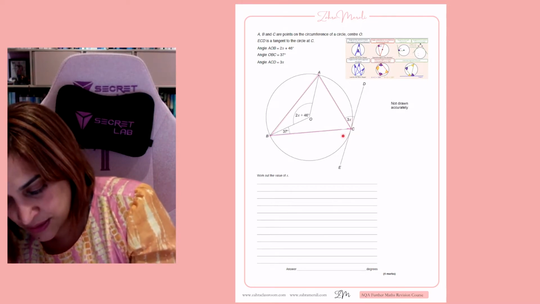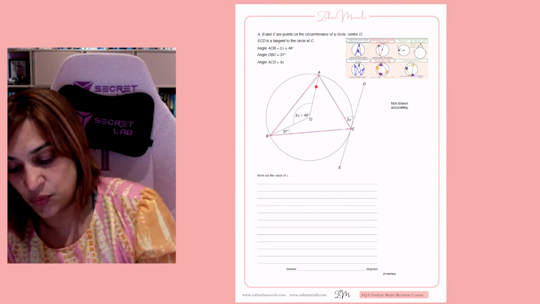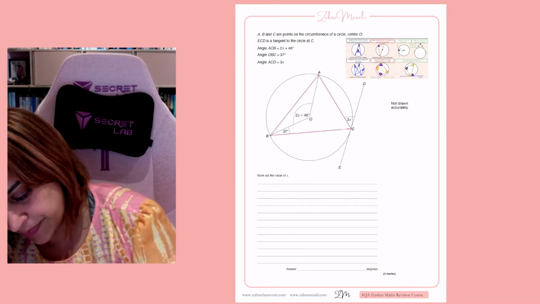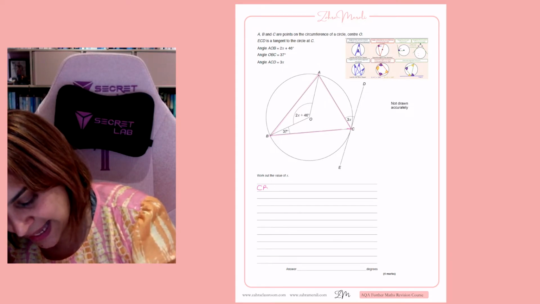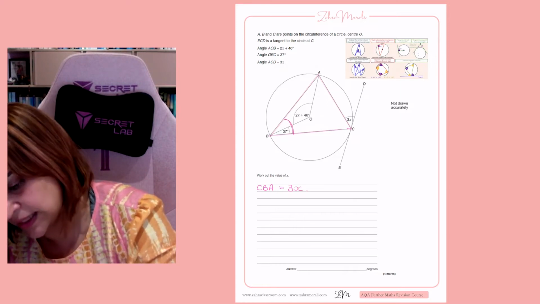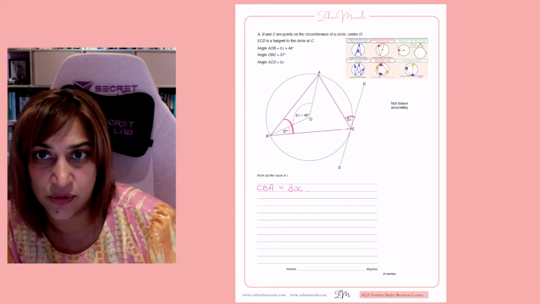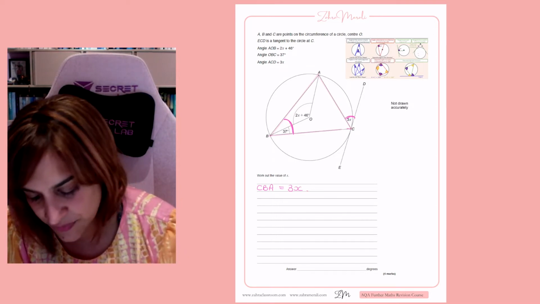If we knew this one, we go into the triangle and across, so the whole of that A would be the same as whatever is there. So we know that CBA equals 3x, and that's using the alternate segment theorem. It's not a proof, so we don't need to write out all the different steps.